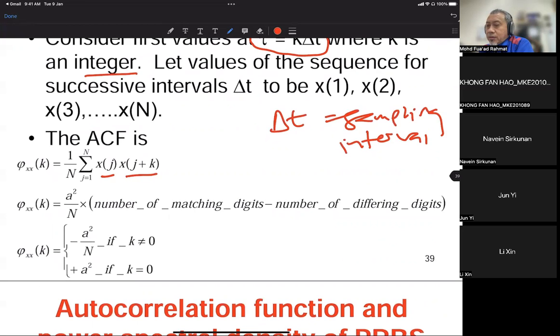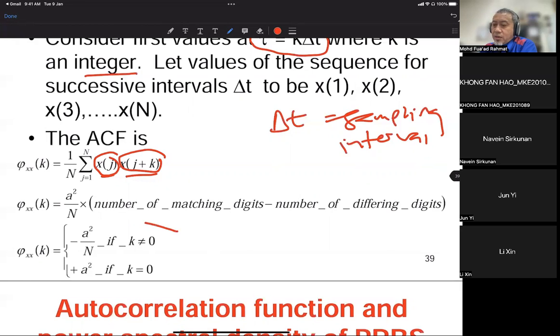Okay, so this is the original signal. This is the same signal, but shifted by k. Then the autocorrelation will be equal to a square divided by N, multiplied by the number of matching digits minus the number of differing digits.